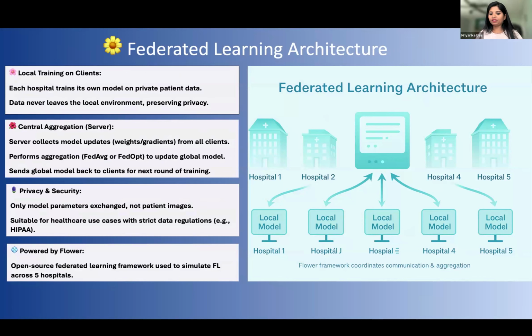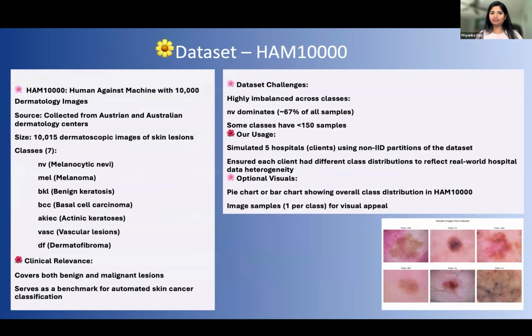Now moving to the next slide. Let's talk about the dataset. For this project, I used the HAM10000 dataset, which stands for Human Against Machine, with 10,000 dermatology images. It contains 10,015 dermatoscopic images across 7 classes of skin lesions, both benign and malignant.